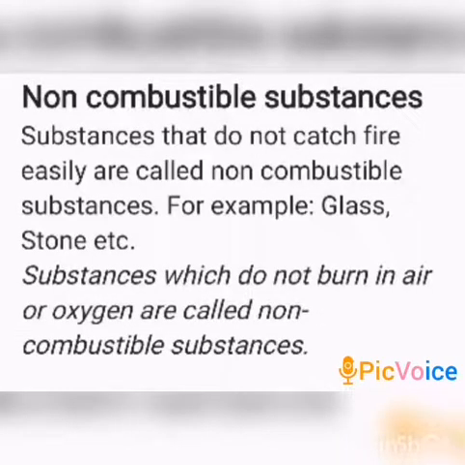The next, non-combustible substances. What do you mean by non-combustible substances, children? You can easily say the definition. The substances that do not catch fire easily are called non-combustible substances.